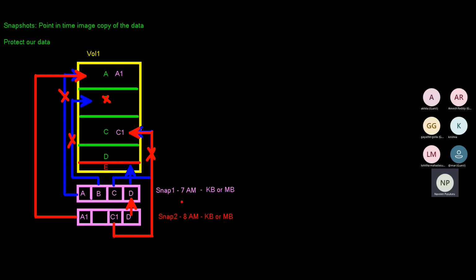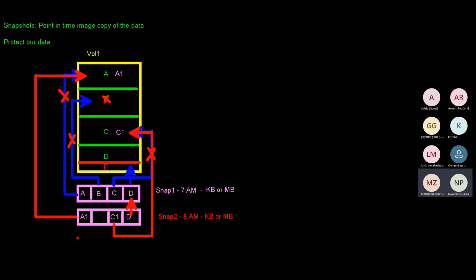For example, I have added E after 8 a.m., and I have deleted E at 8:30. So whatever data I have added, E, will not be captured under Snap2. As I have deleted it at 8:30, and no snapshot was created on top of the volume, you will not be able to recover the data.